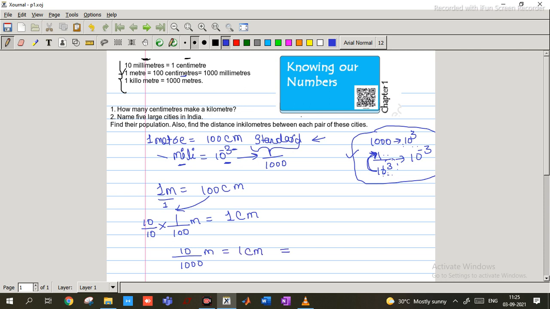Now, 1 by 1000 I told you is called milli, so it will be written as 10 millimeter is equal to 1 centimeter. You can also write it as 1 centimeter is equal to 10 mm. When I say mm, this represents millimeter. These are some of the things you should be very thorough about.